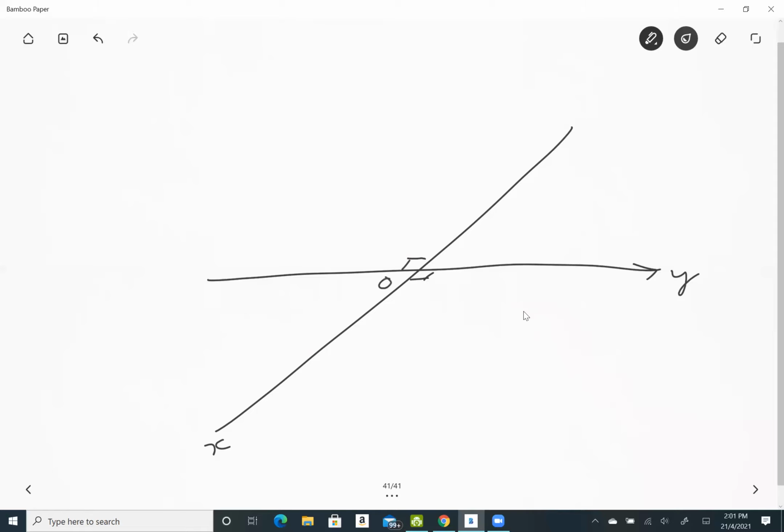If you look at this flat surface, imagine it is like a floor. On the floor, you have one horizontal line going east to west, that is Y, and the other going south to north, that is X. We do it like this so that we can see the vertical line.